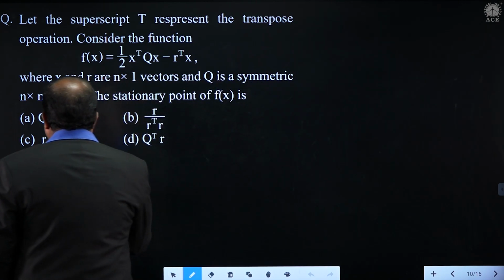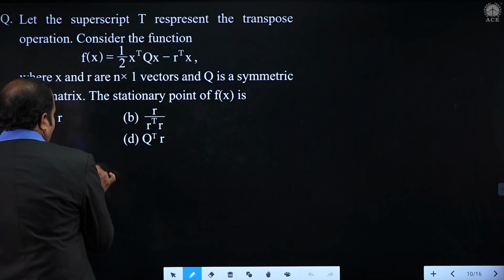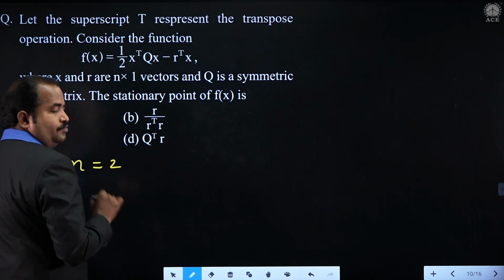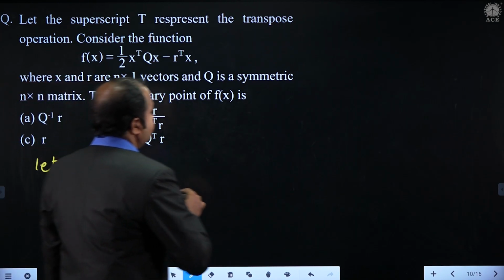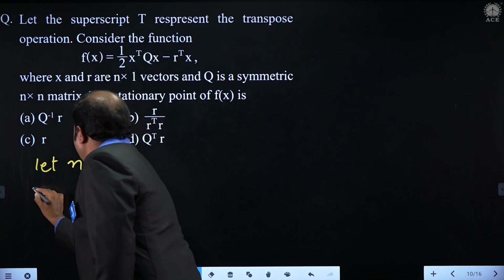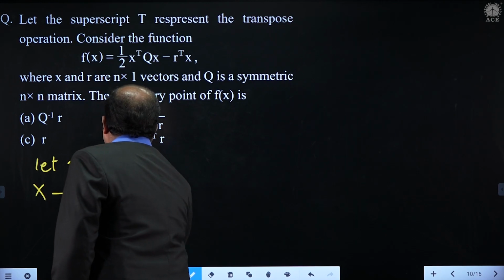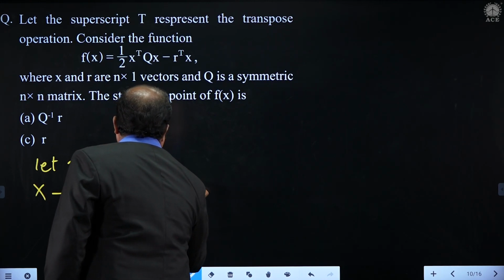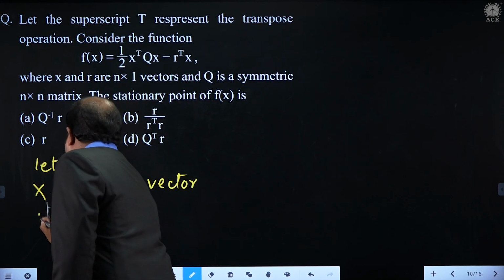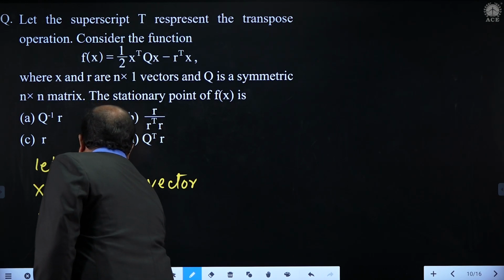So, let n equal to 2, that is x is a 2 by 1 vector. So, we can take x as x1, x2, right.